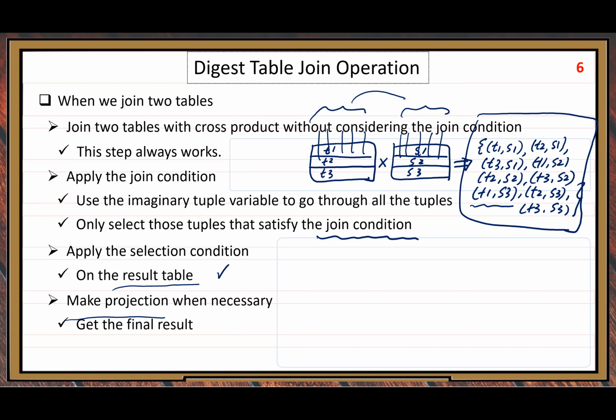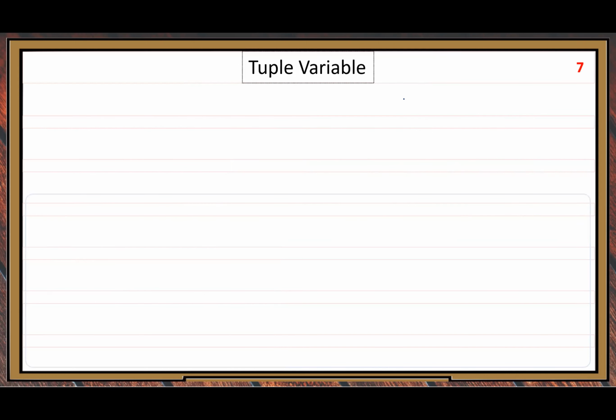Hope you can see the picture of this procedure. Now, a concept called a tuple variable. Here we need to use this concept to understand a SQL statement, because many times the SQL statement could be very complicated and hard to understand.